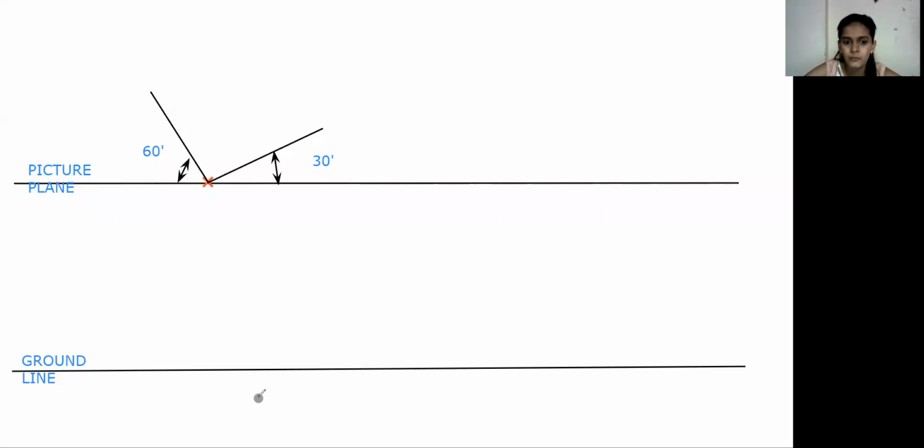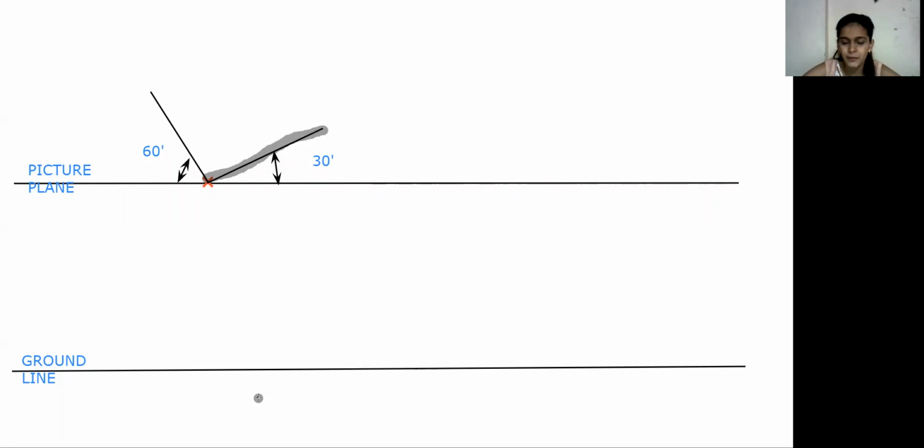So what you have to do? You need to draw the parallel lines first, parallel lines to this 30 degree angle line. Okay. So we have drawn the 30 degree angle line to draw the plan. And we need to draw the parallel line to that 30 degree line from our station point.